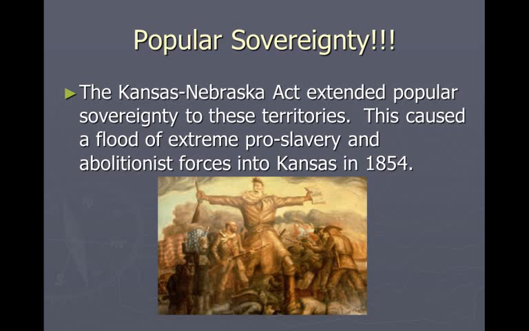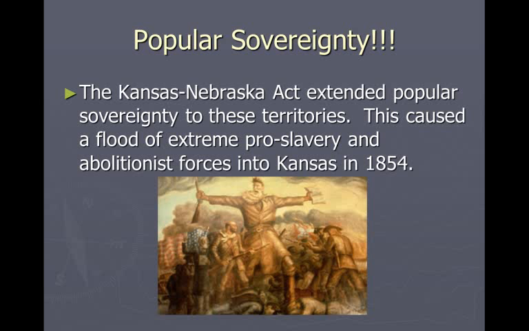So you get a situation where the state of Kansas, which has a very low population, there's a flood of immigrants to the state, but the people who come are either extreme abolitionists, meaning those that are against slavery in a very radical way, or extreme pro-slavery people who want to expand slavery at any cost.